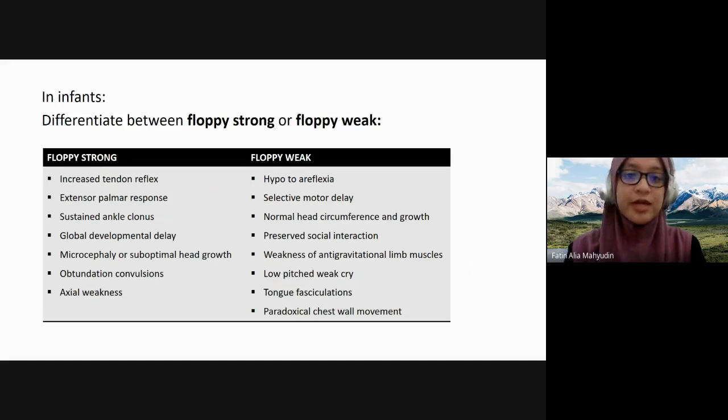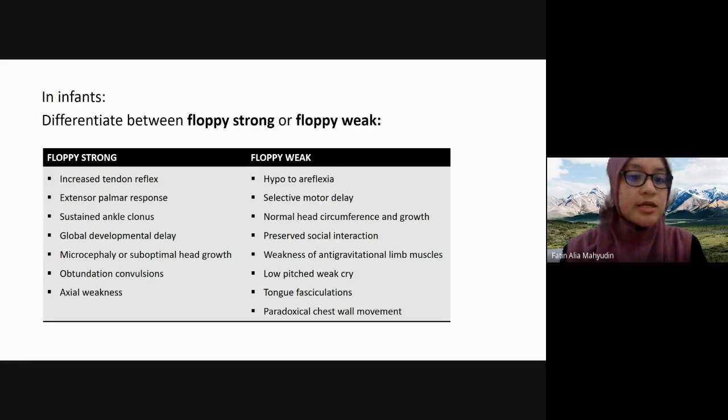So for infant, we need to differentiate between floppy strong and floppy weak. This one is also we already discussed last week. So if the infant is hypotonic, we need to elicit further whether this is floppy strong or floppy weak, so that we can know this is actually central cause or peripheral cause.